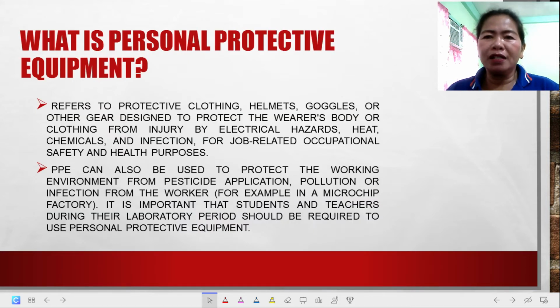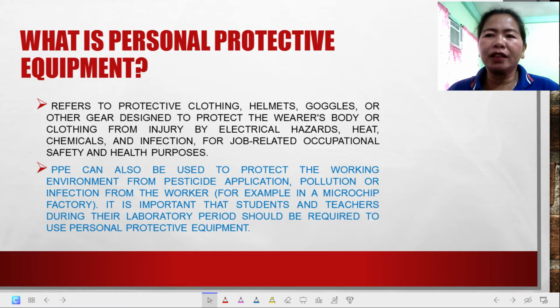By the way, what is personal protective equipment or PPE? PPE or personal protective equipment refers to protective clothing, helmets, goggles, or other gear designed to protect the wearer's body or clothing from injury, from electrical hazards, heat, chemicals, and infection, for job-related occupational safety and health purposes.